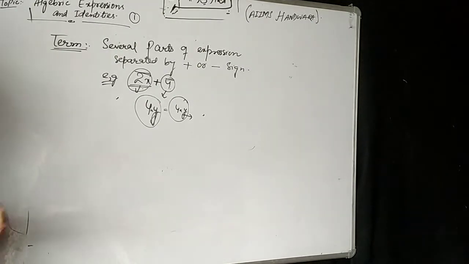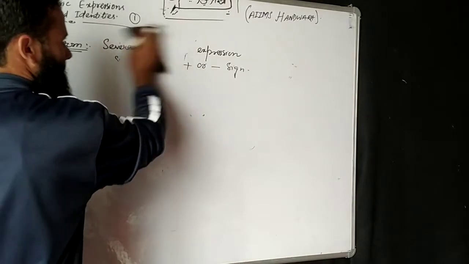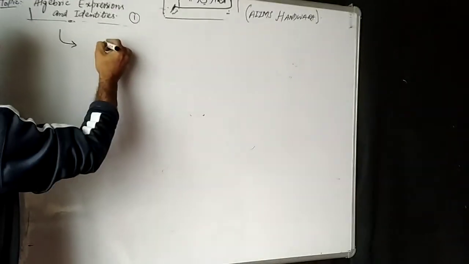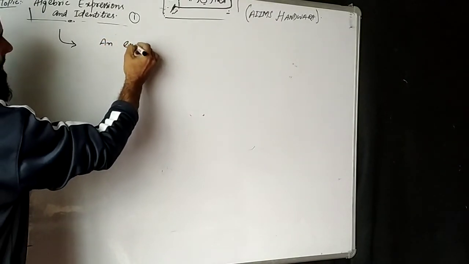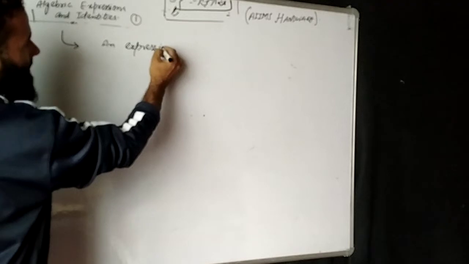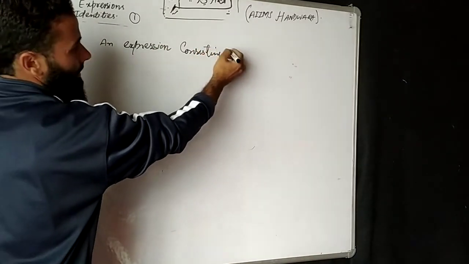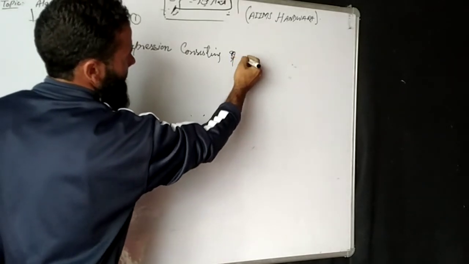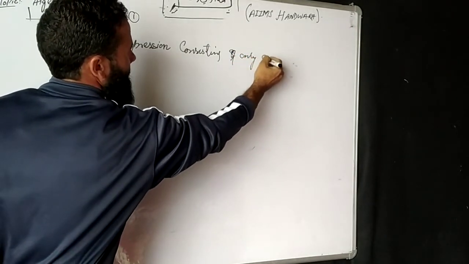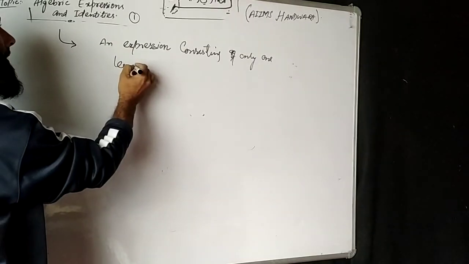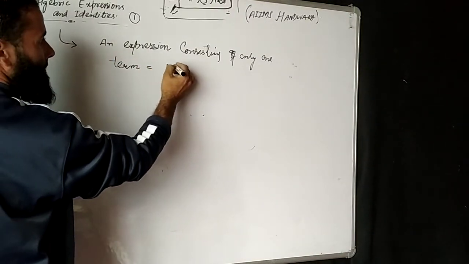Now on the basis of terms, you can classify these expressions. So an expression consisting of only one term is called a monomial.